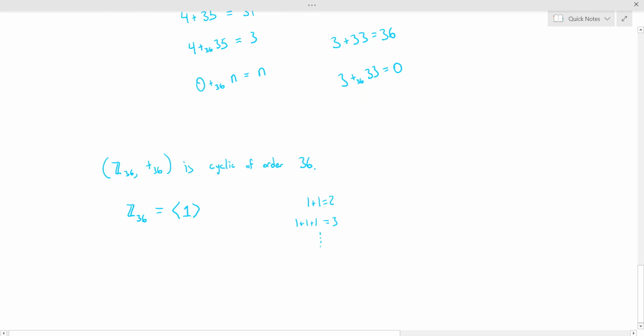So considering all sums of 1 will generate all the elements of this group. So hence 1 is a generator for this group. And since it is generated by a single element, that is what makes it cyclic.